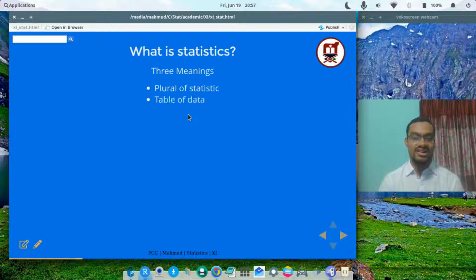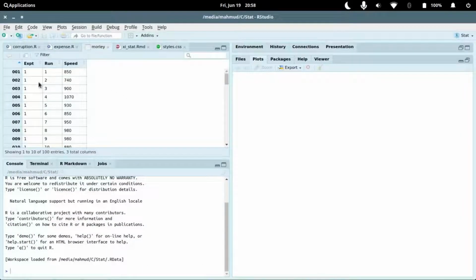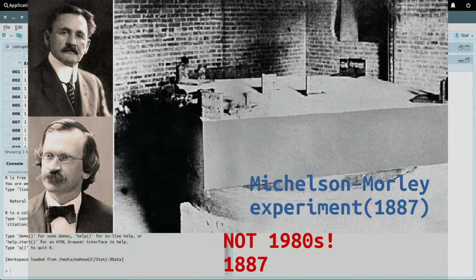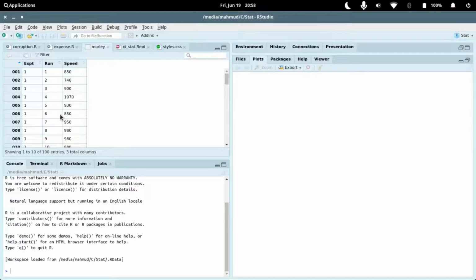Another meaning of statistics is what we are basically familiar with: a table of data, or a database, or some figures, some values of data. If I show you an example, this table's data is the result of the Michelson-Morley experiment, which in the 1880s proved that the velocity of light is always constant, irrespective of the frame of reference.